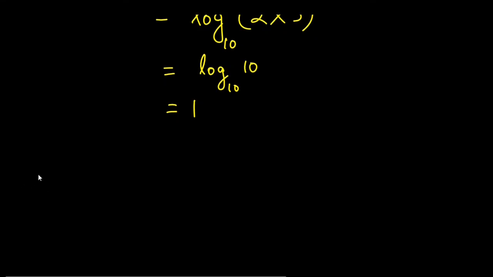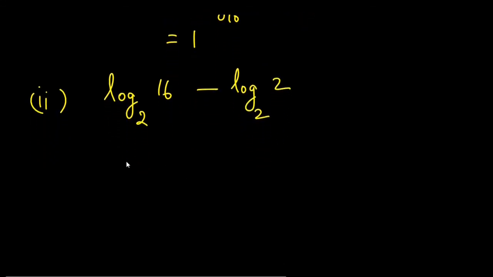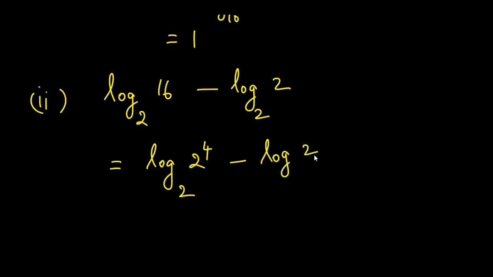Now second one, log of 16 to the base 2 minus log of 2 to the base 2. So we know log of 16. 16 can be written as 2 power 4. So log of 2 power 4 minus log of 2 to the base 2.